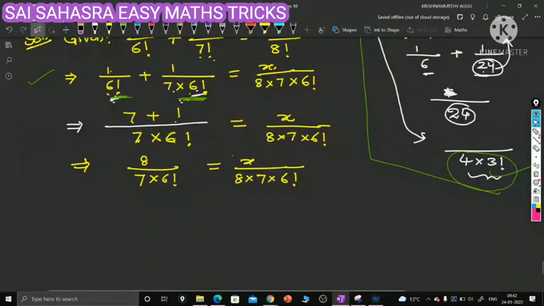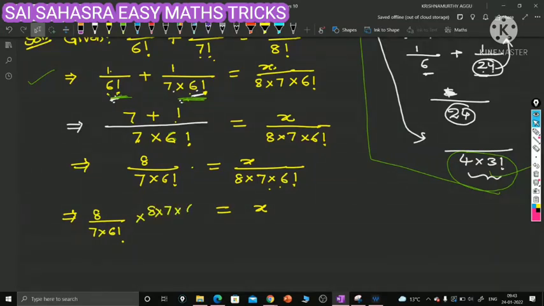X is in the denominator 8 into 7 into 6 factorial. If you want to make x alone, this is to be transposed. Already on the left side we have 8 by 7 into 6 factorial. When you transpose this one to the LHS, it is in the denominator, so if you transpose, it will go to the numerator. 8 into 7 into 6 factorial.